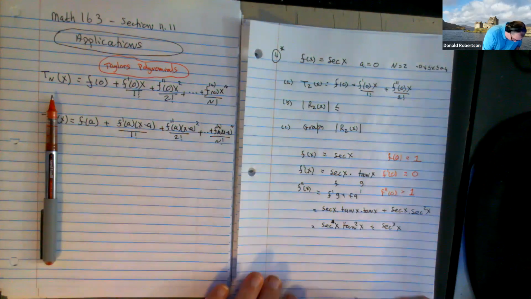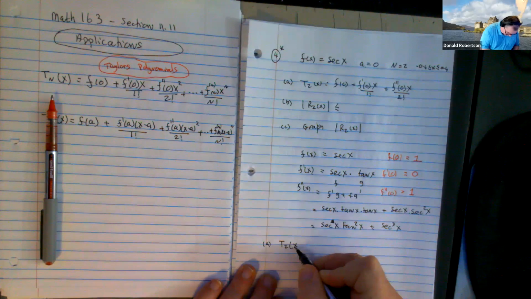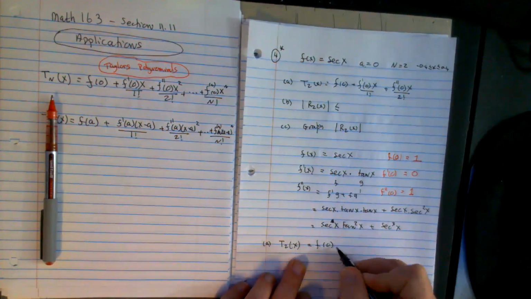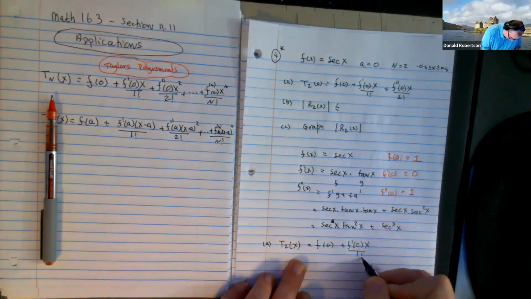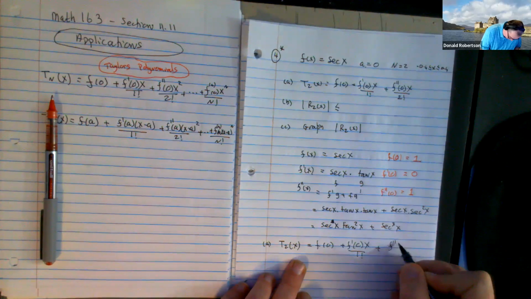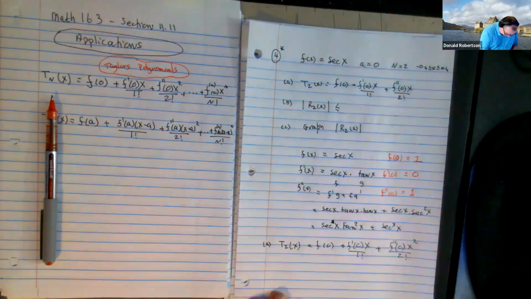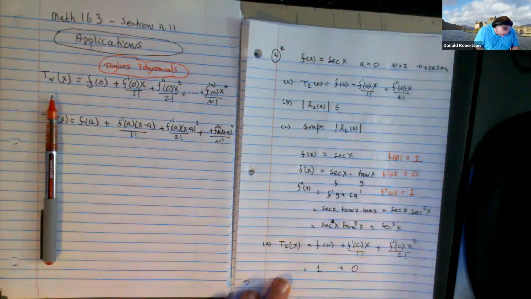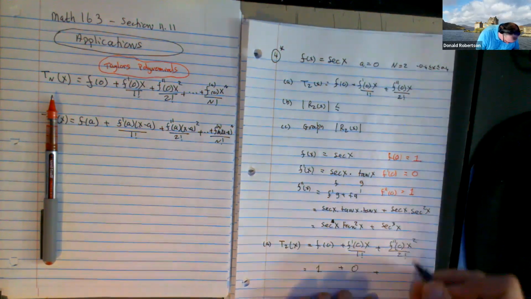So when I set up my solution to the Taylor's polynomial T2, it's going to be f of 0, f dashed of 0 times x over 1 factorial, second derivative at 0 times x squared over 2 factorial. Now that one's 1. This one's 0, so I don't really care about the rest. You know, if something is 0, isn't the whole thing going to be 0? And then this one here is 1 again.